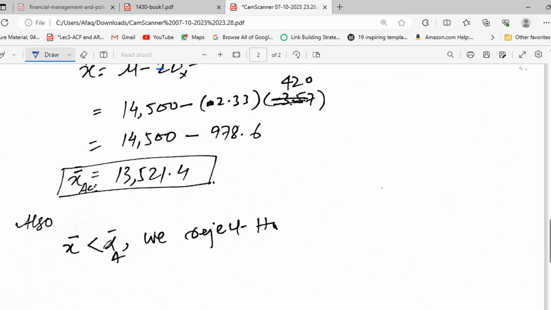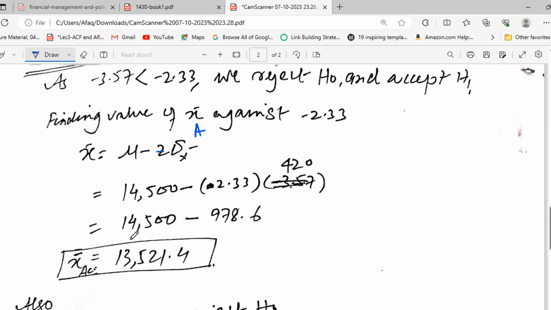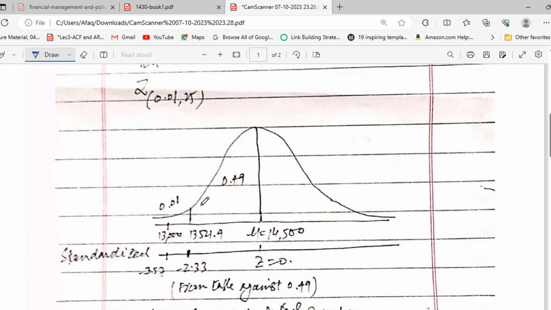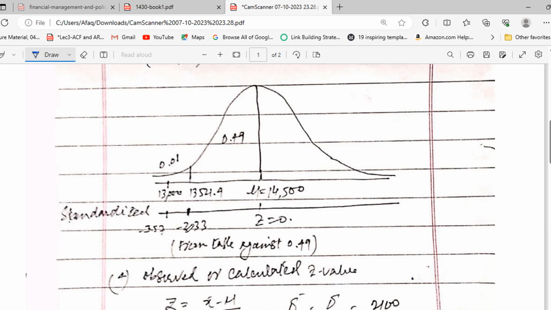Also notice that the sample mean x bar is less than x bar a, which means it again lies on the left side of the acceptance mean value. So come back to the normal distribution figure, where I am going to explain that. Look, this is the z value of the acceptance region. Against this we get this real value.